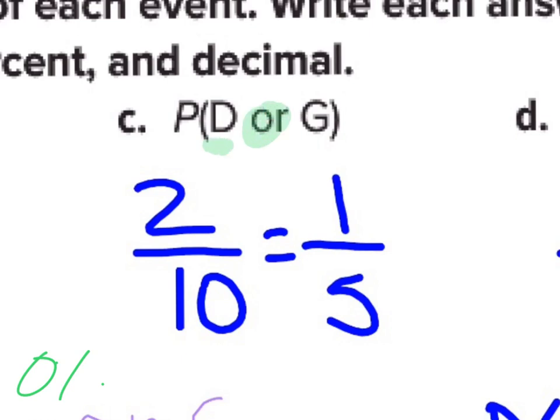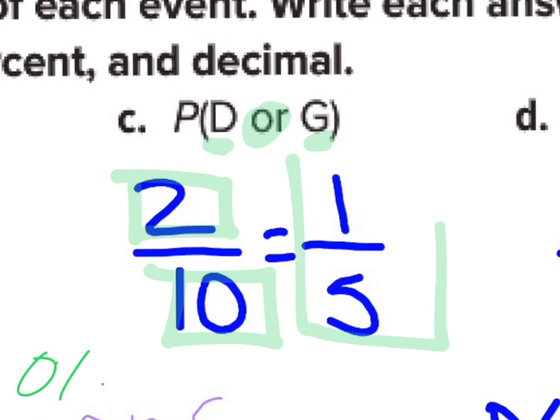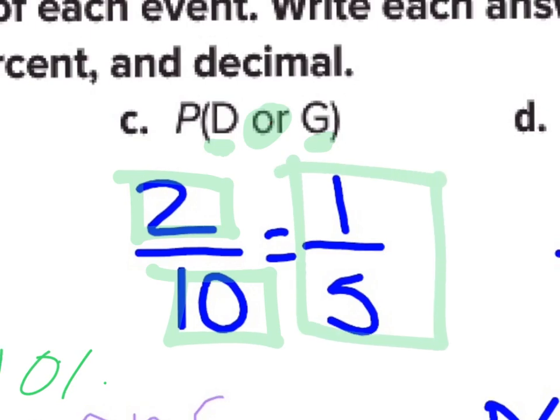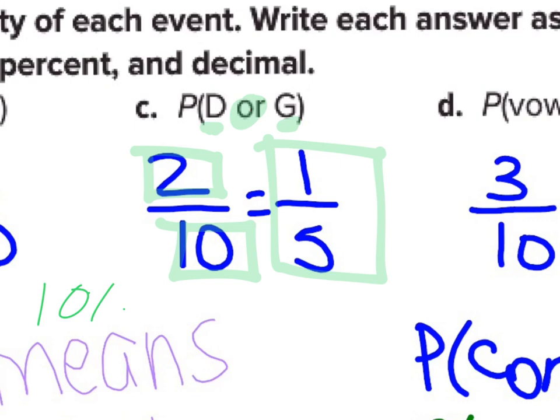So D or G. Because there are 10 letters and D and G together is 2 letters. Sorry, I said numbers before. 2 letters. Then you get 2 over 10, which simplifies to 1/5. And then you would write that in decimal and percent form.